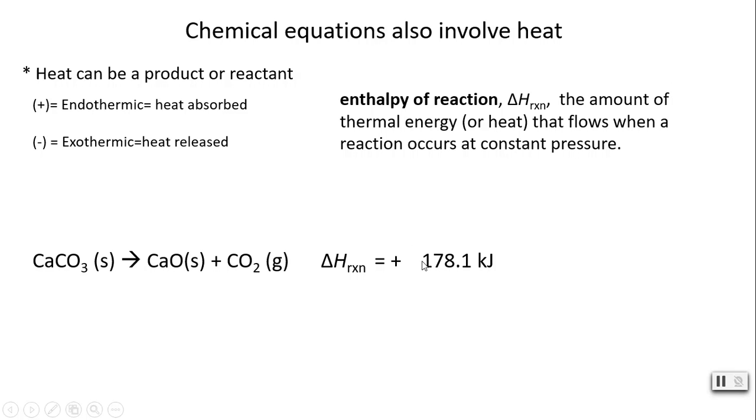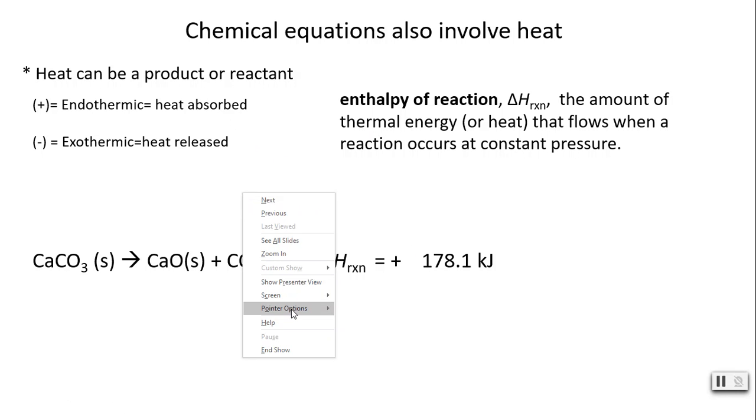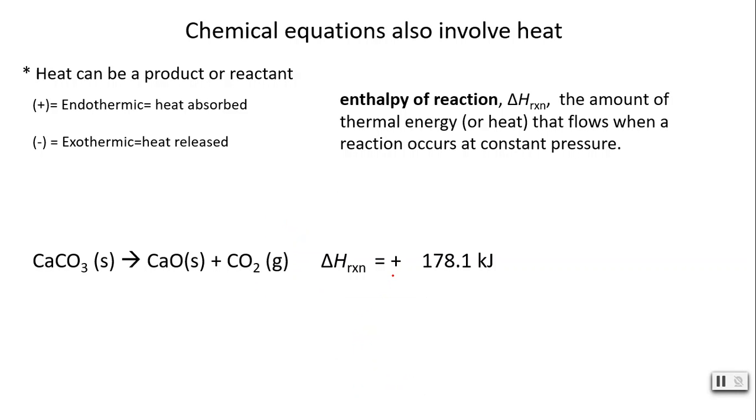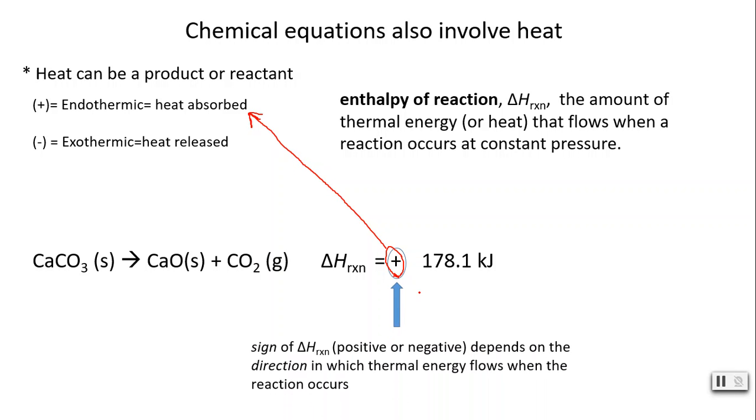And the enthalpy, the heat that is associated with that reaction, it is an endothermic reaction. It's an endothermic reaction because of the positive sign. And the heat that is absorbed from that reaction is 178.1 kilojoules. Okay? So aside from the importance of the actual value of the heat, how much heat is absorbed or released, that sign is going to be important as well.